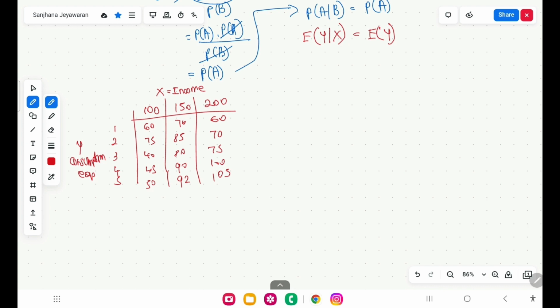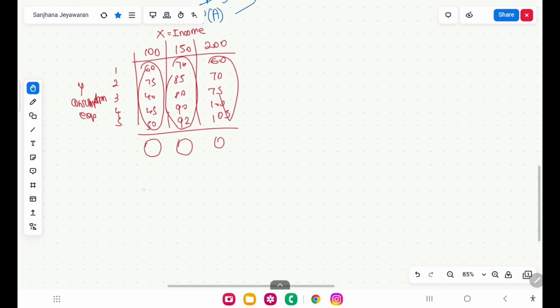So when I am going to form the population regression function, what I did was I calculated the average of all this. I added all this and got the average. Then I took all this and got the average, and all this and got the average. That is how I derived the population regression function.